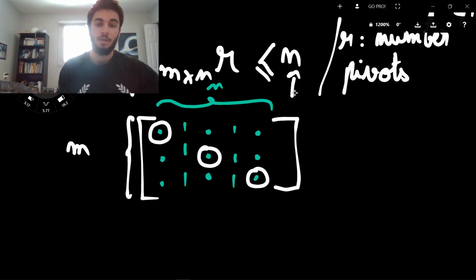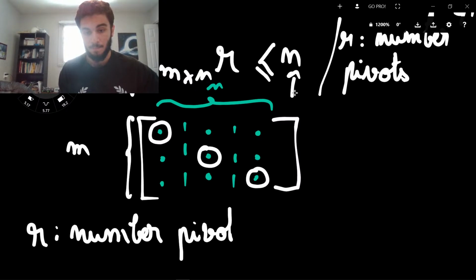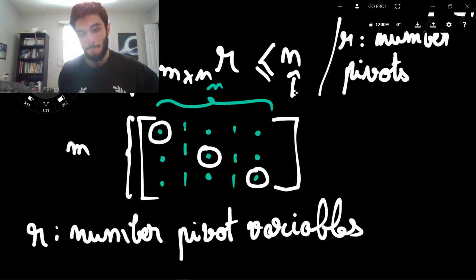So we cannot have a rank, which is basically the number. The rank represents the number of pivot variables. So we cannot have more pivot variables than the number of columns, since it's one per column vector.